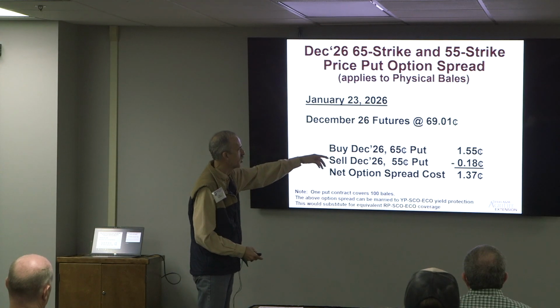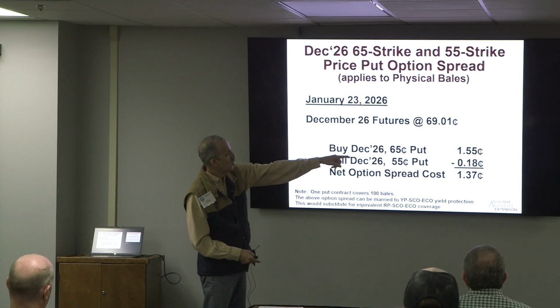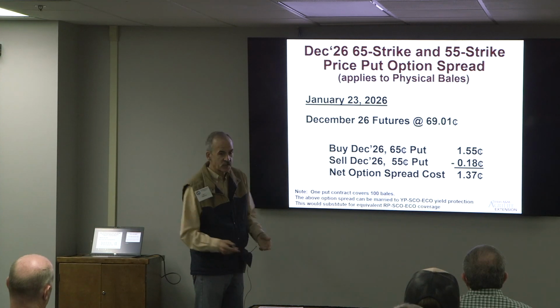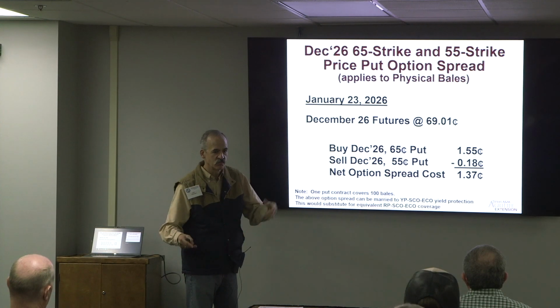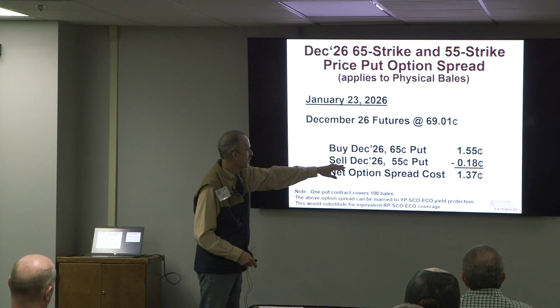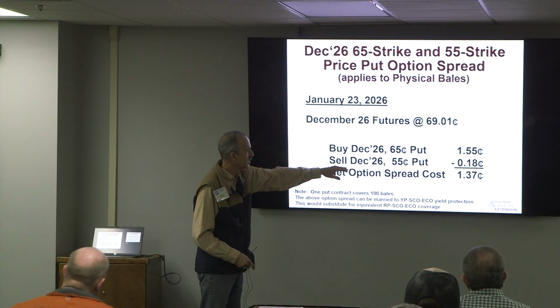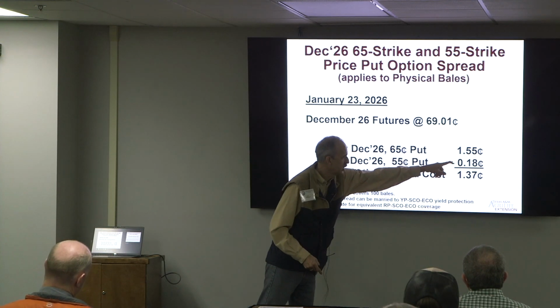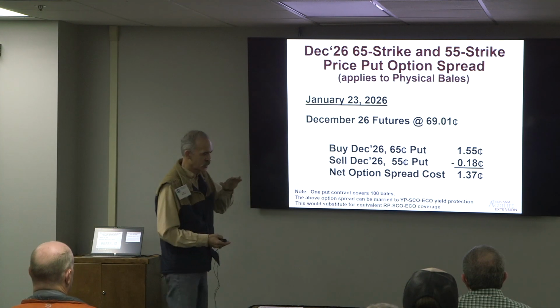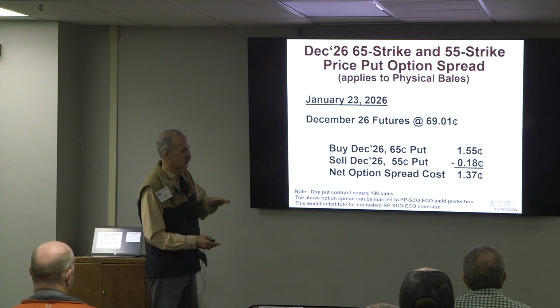The other day, that spread, you'd have to pay 1.55 cents per pound on a 50,000 pound contract. That's $1,800 or something. You're buying a put, you're selling another put, so you're paying this, you're putting this back in your pocket. Here's your net outlay on this protection for falling prices in a certain range.